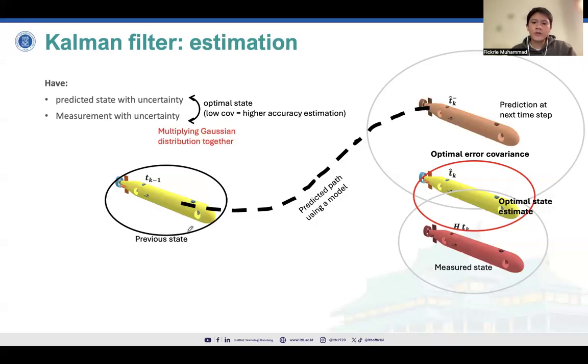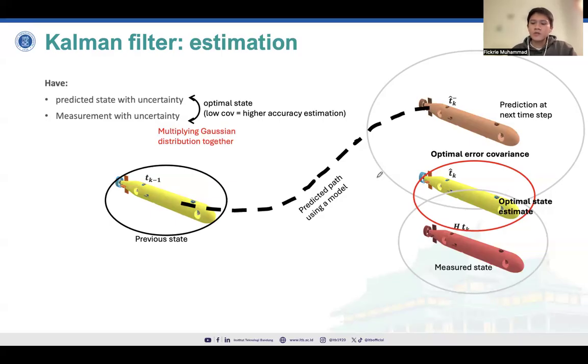For example, we have the previous states like this, and then the prediction at the next time step is like this, and we also have the measurement update at the next state, and then we multiply both of them together. We get the optimal state estimate in the center, and also the optimal error covariance, which is smaller than the measurement covariance and the model covariance, as we can see here.